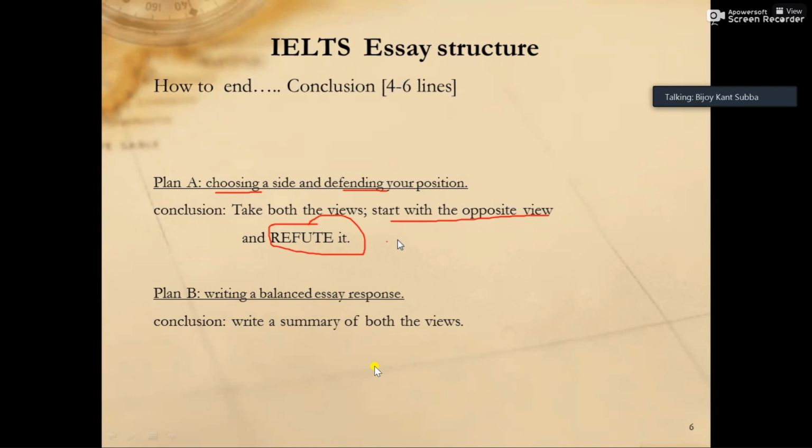What do I do in my conclusion about the two views? Okay, I'm not saying that because I prefer cooking and eating at home, eating out at restaurants is bad. When I write body one and two, I'm going to say cooking and eating at home is good because firstly, it's hygienic and nutritious. Secondly, it's cheaper. However, in a body paragraph on the opposite view, I would say eating out at a restaurant is still good because it saves time and it offers us variety.